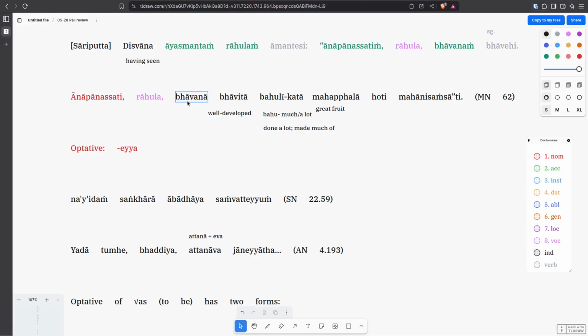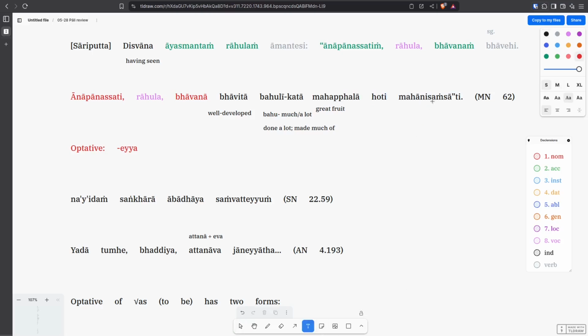When the meditation of Anapanasati is well developed, is done a lot, then Mahapala Hoti, then it has great fruit. So the Hoti refers to the great fruit, Mahapala Hoti, and also the Mahanisangsa.